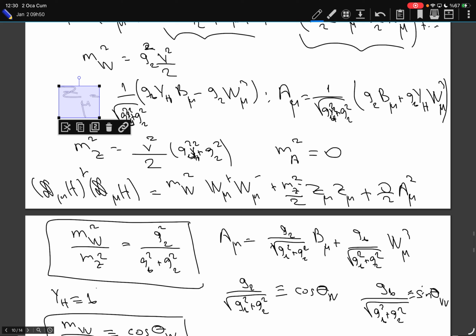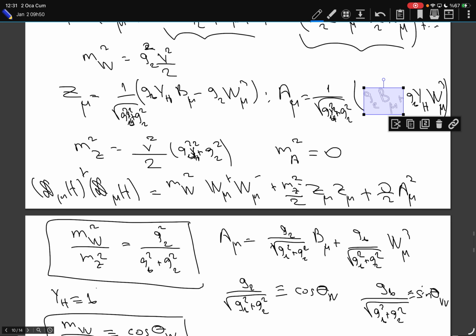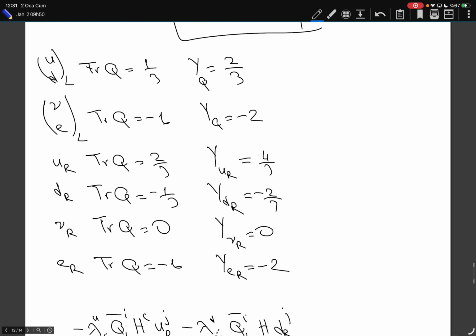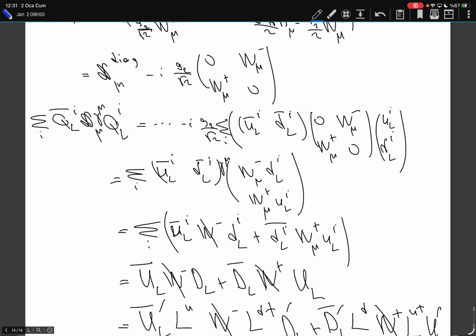With SU2 interaction, they have the potential of changing the particle type. So this A mu and Z mu fields, okay, they have one part which is the U1 interaction, but they also have the other part which is the SU2 interaction, but those interactions do not change the particle type. Flavor isn't changed by the neutral interaction.